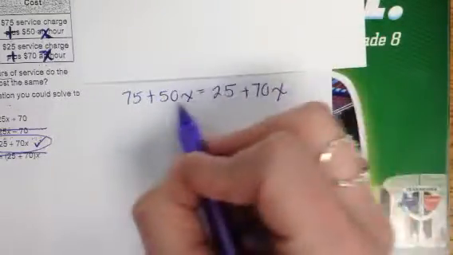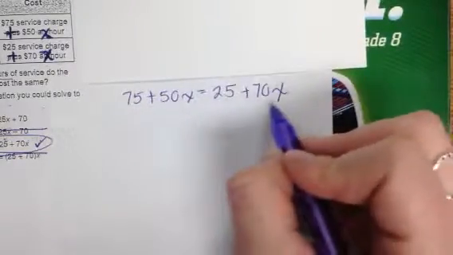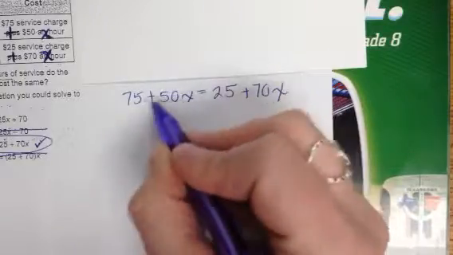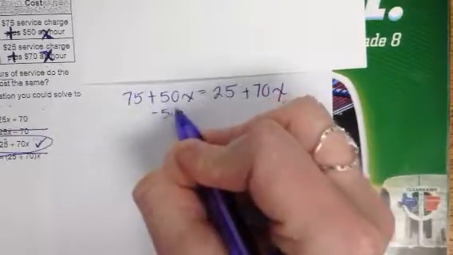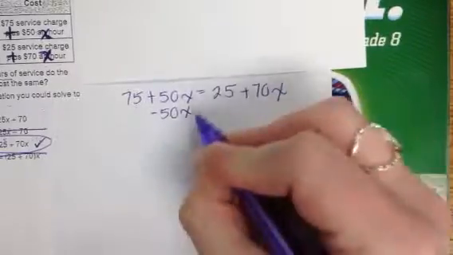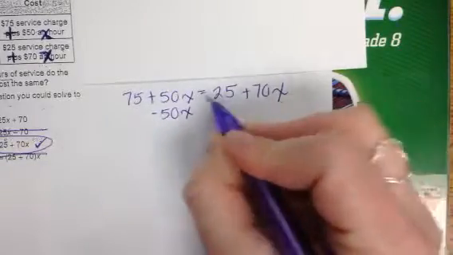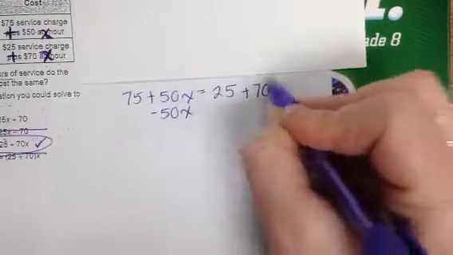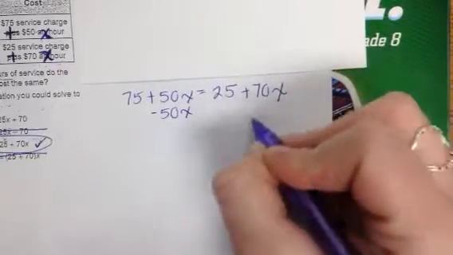I find the smaller one. 50 is smaller than 70. Ask yourself what would make it go away from this side. Since it's positive, you do minus 50x. I travel to the other side of the equation, other side of the equals. Find that like term. This is the one with the x.